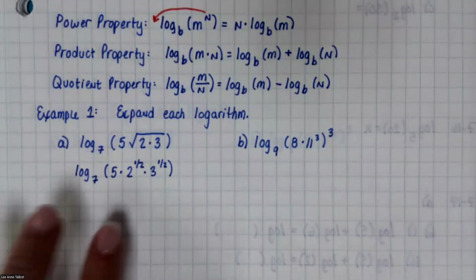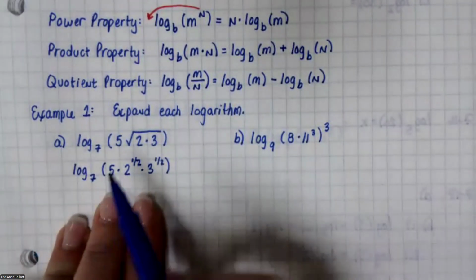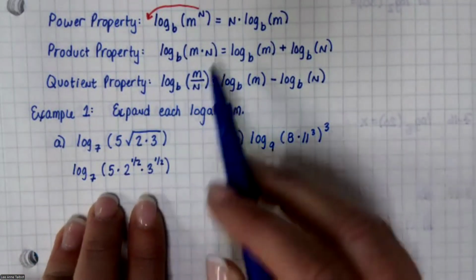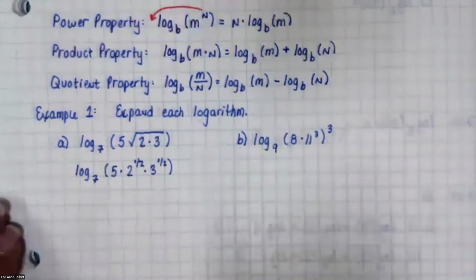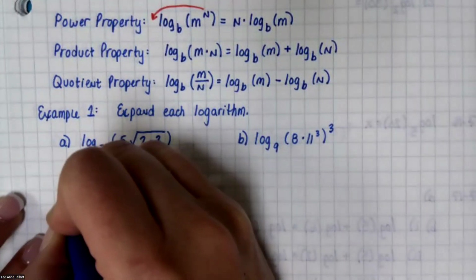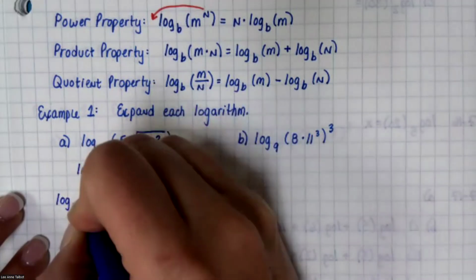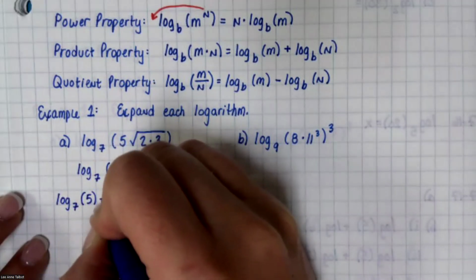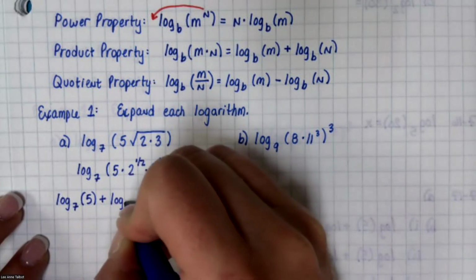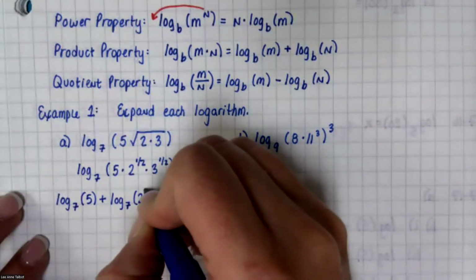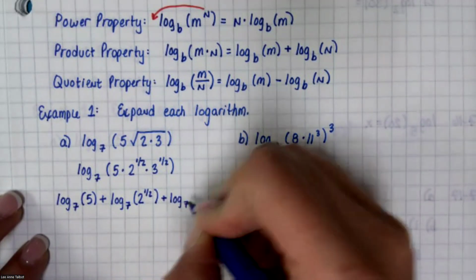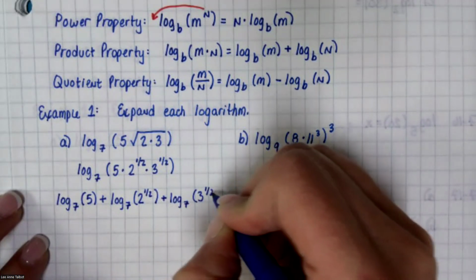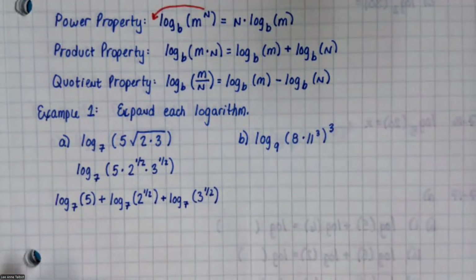Now what I'm going to do is, I have times and times, so I'm going to split them into separate logs with addition. Log base 7 of 5 plus log base 7 of 2 to the half plus log base 7 of 3 to the half.